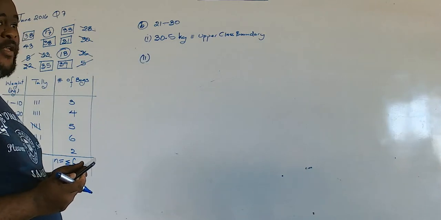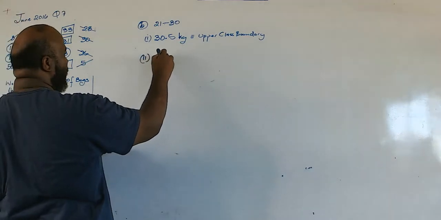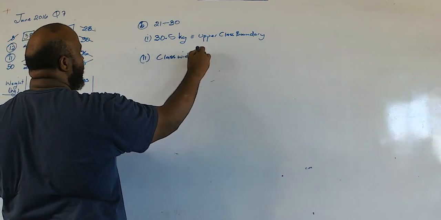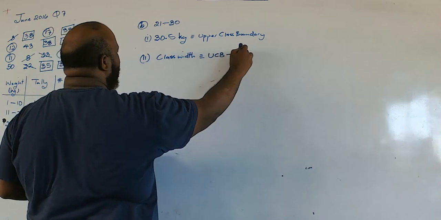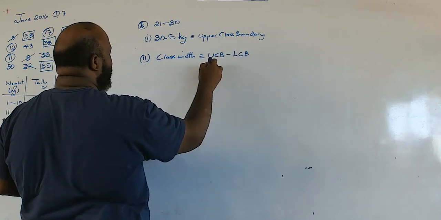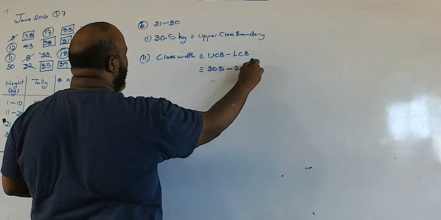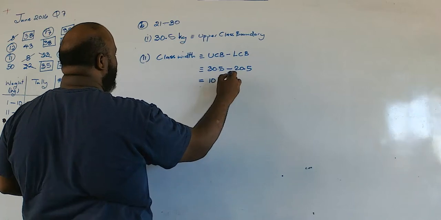The class width is the upper class boundary minus the lower class boundary. This is 30.5 minus 20.5. The class width is 10 kilograms. Did you get that?